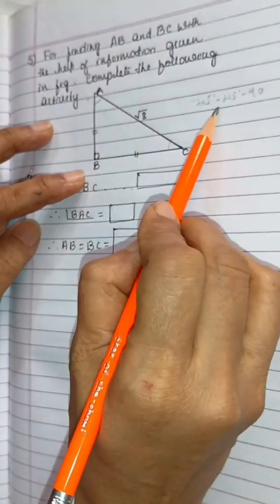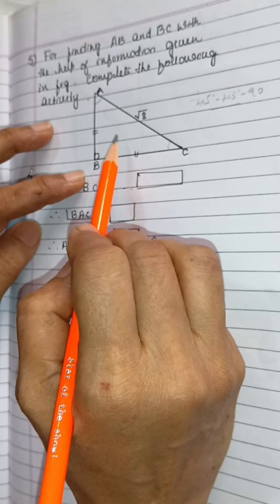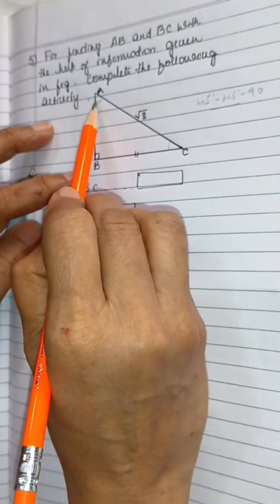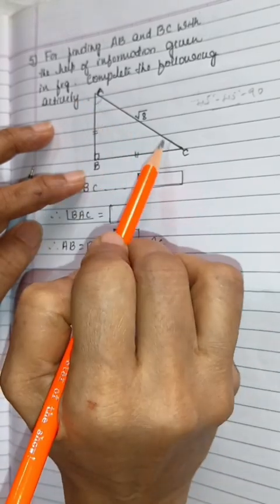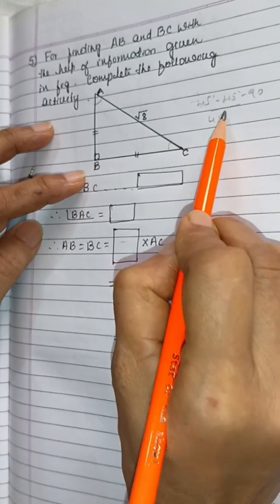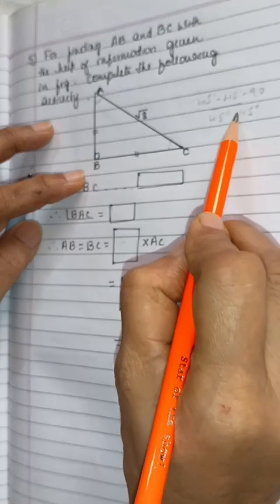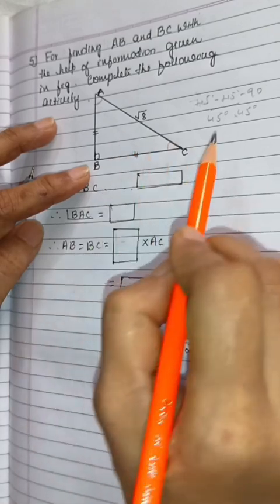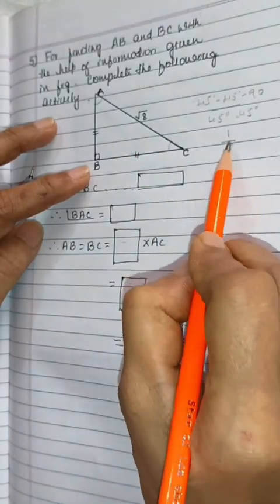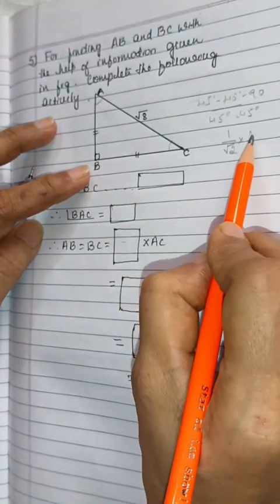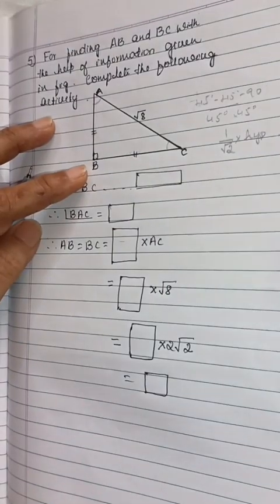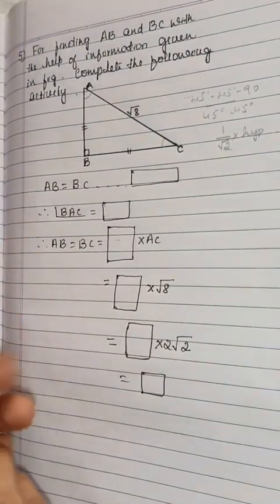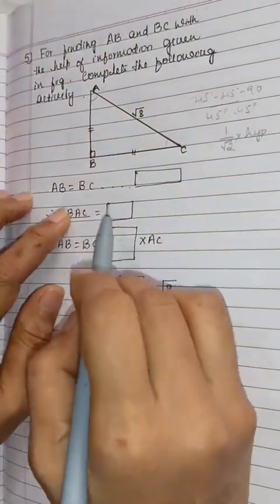This property says if the acute angles of a right angle triangle are 45 and 45 degree, then each of the perpendicular sides is 1 by root 2 times its hypotenuse. So we have to complete this activity.